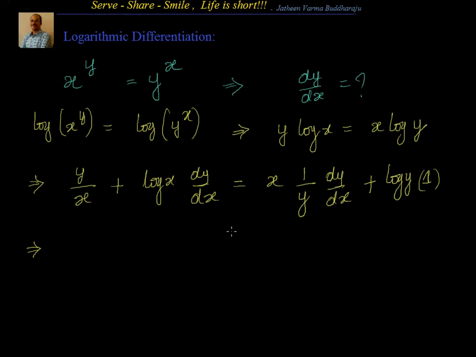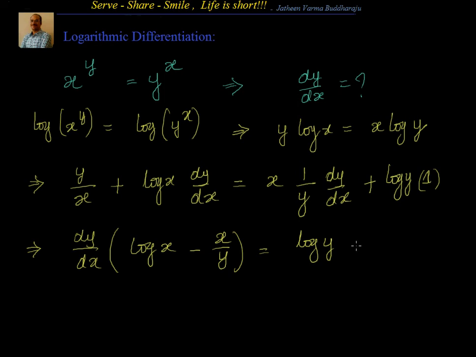So if I simplify that and try to get all the terms related to dy by dx on one side, I will have dy by dx multiplied with log of x minus x by y equal to log of y minus y by x.